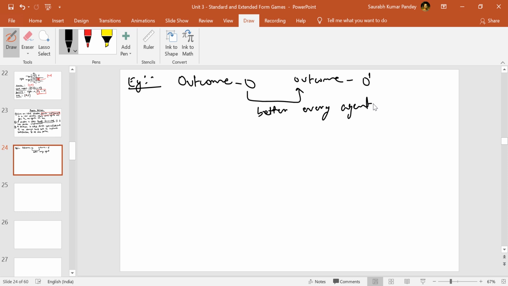Now when we say that outcome O is better for every agent, in this case what can we say? Point number one says that any agent will definitely prefer O over O dash, strictly.